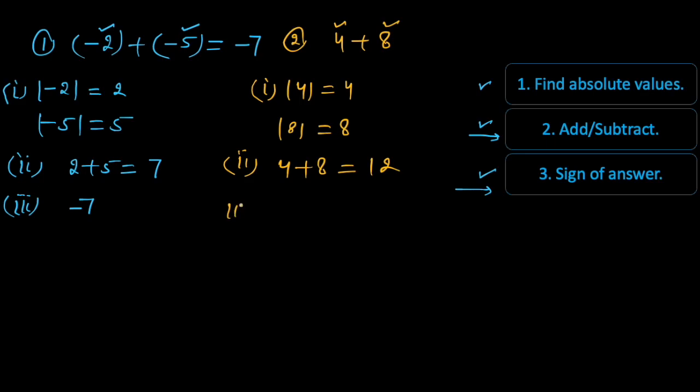Now in step 3, we just need to find out if the answer is positive 12 or negative. In this case, it will be positive 12 because both of the numbers are positive, so the answer is also going to be a positive number.